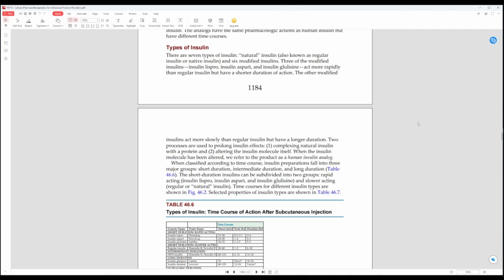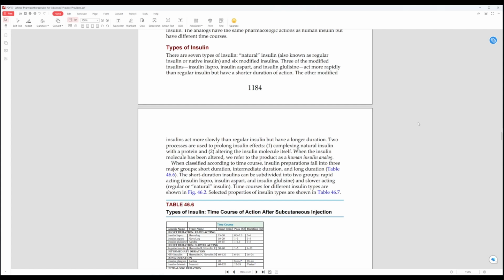The other modified insulins act more slowly than regular insulin, but have a longer duration. 2 processes are used to prolong insulin's effect: complexing natural insulin with a protein and altering the insulin molecule itself. When the insulin molecule has been altered, we refer to the product as a human insulin analog.